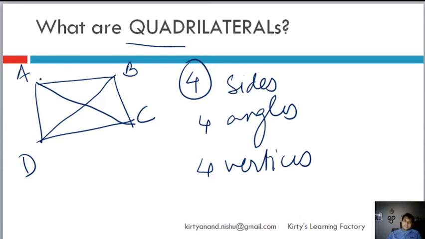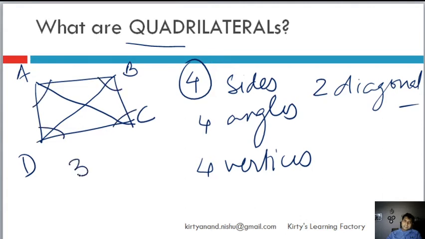Diagonals are nothing but when you draw a line joining the opposite vertices or the opposite angles, those lines are known as diagonals. So a quadrilateral will have four sides, four angles, four vertices, and two diagonals. That is what a quadrilateral is. As simple as that. And the sum of all the internal angles, which is angle A, angle B, angle C, and angle D, is equal to 360 degrees. Okay.